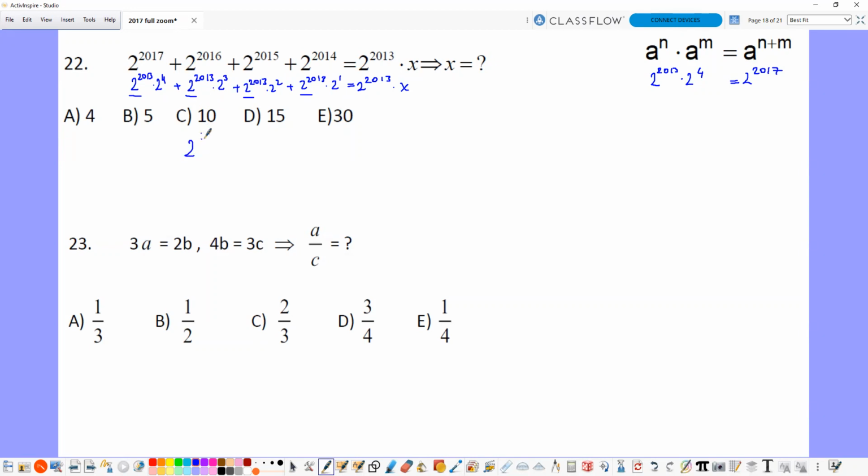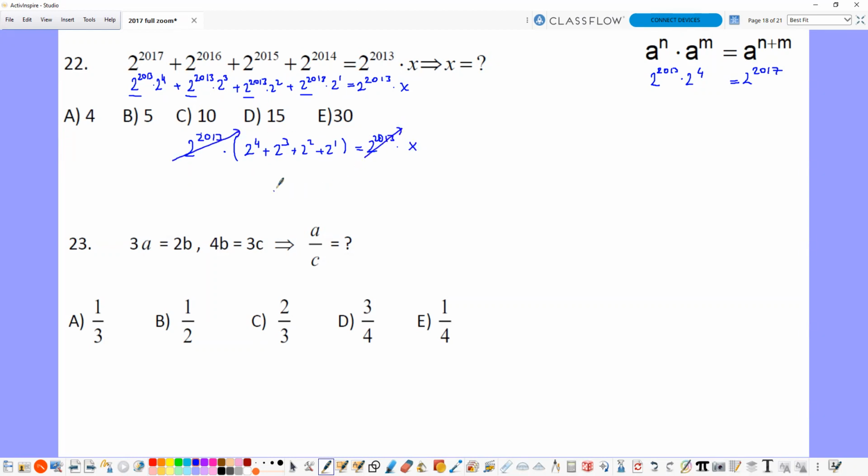2 to the power of 2013 times, in parentheses, 2 to the power of 4 plus 2 to the power of 3 plus 2 to the power of 2 plus 2 to the power of 1 is going to be equal to 2 to the power of 2013 times x. We are going to simplify this one and this one.